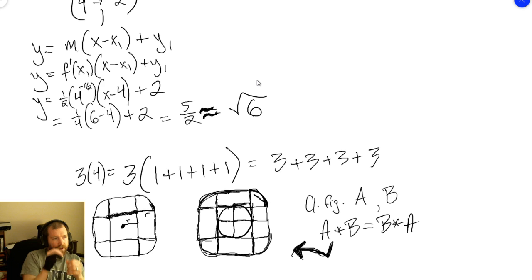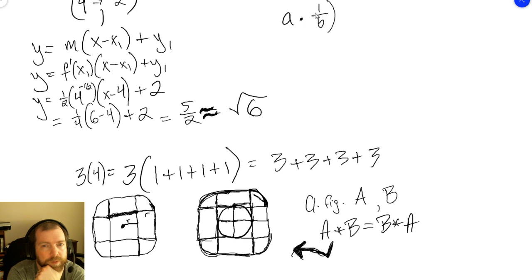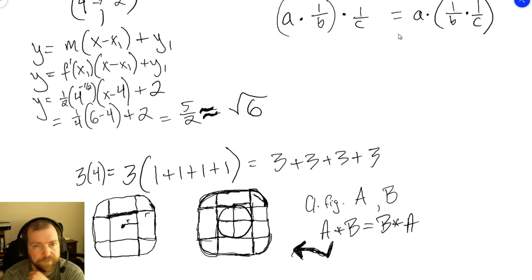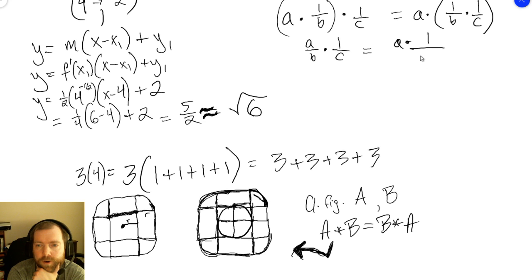Like fundamentally, they are different. Because when you're doing association with multiplication, you're saying I'm doing a times 1 over b times 1 over c versus a times 1 over b times 1 over c. This gets you a over b times 1 over c. This gets you a times 1 over bc.